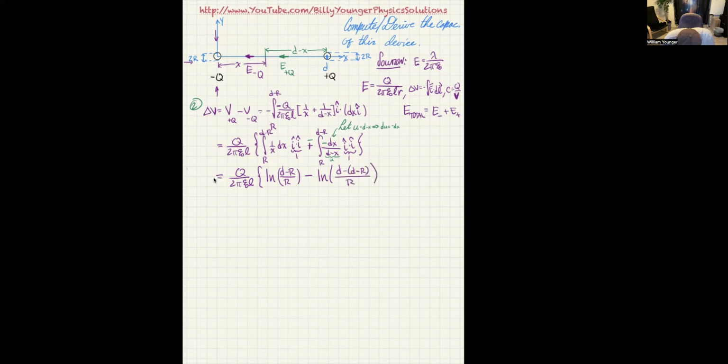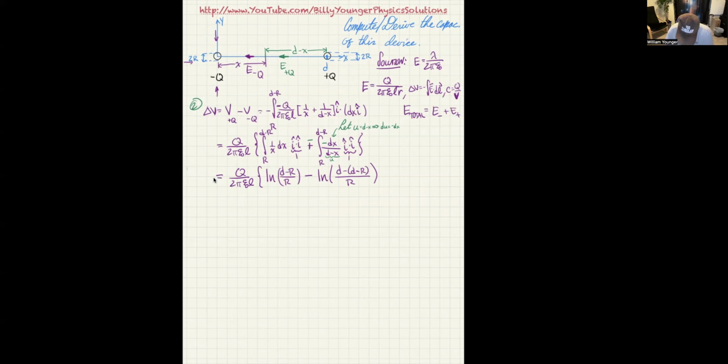And you can see when you do d minus the quantity d minus r, the negative has to be distributed, so the d minus d becomes just 0, but we're left with a positive r. So we can do d minus d plus r, which is just r over r, and that's it.